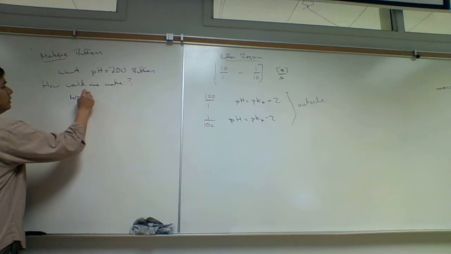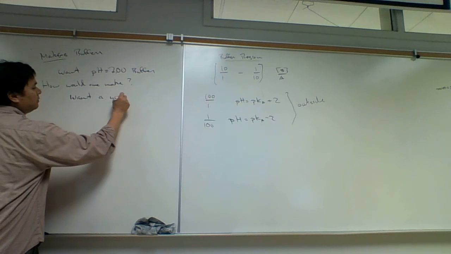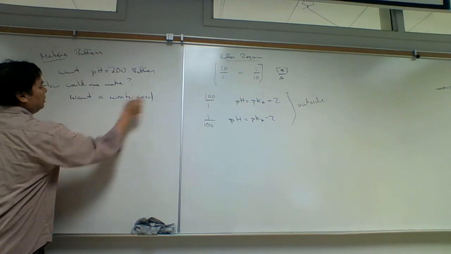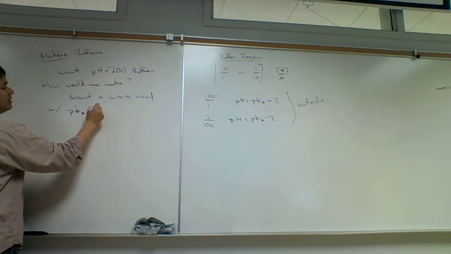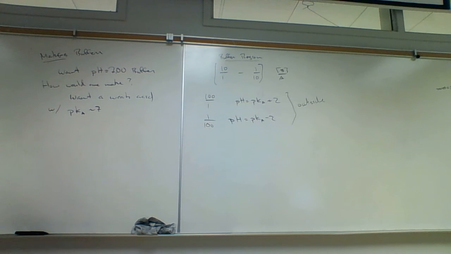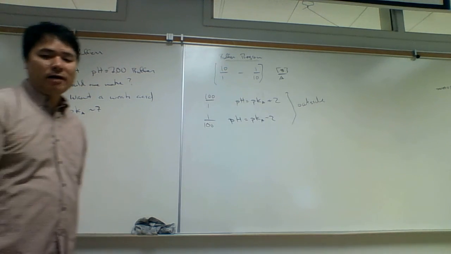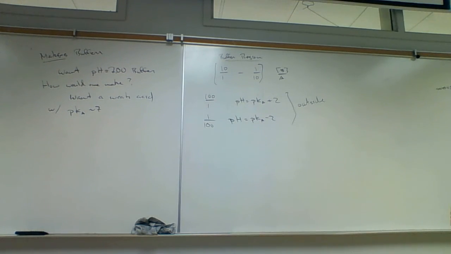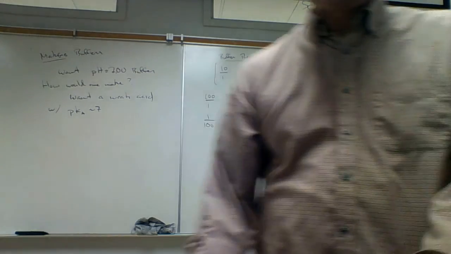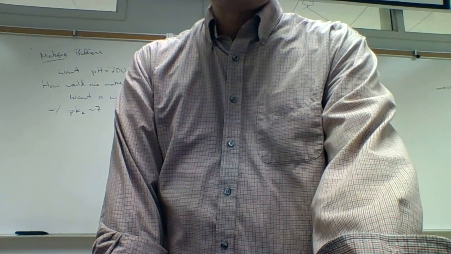So we want a weak acid with pKa around 7. And so what acids would have a pKa of around 7? So we'll have to take a look at the book. But before we do that, we'll take a break and then we'll continue this.